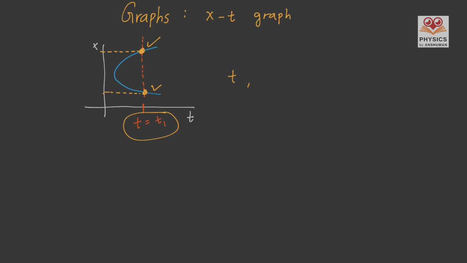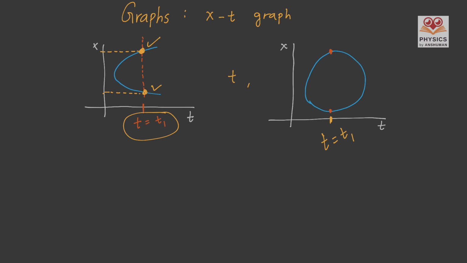Or let's take another example. Let's take in the position time graph, there is a curve something like this. Now here, if we analyze the graph, for a particular instant of time, let's again take t equal to t1, there is one position here and another position here.